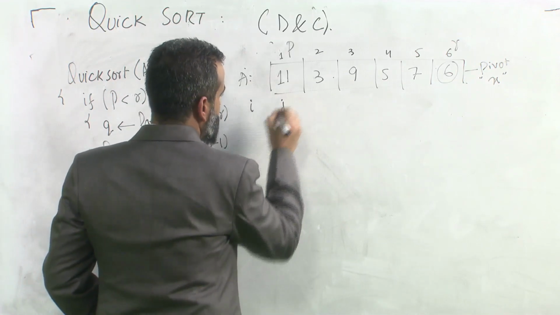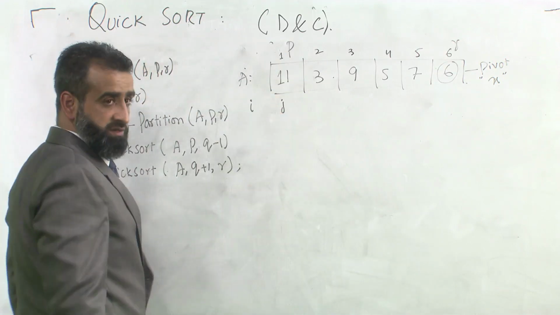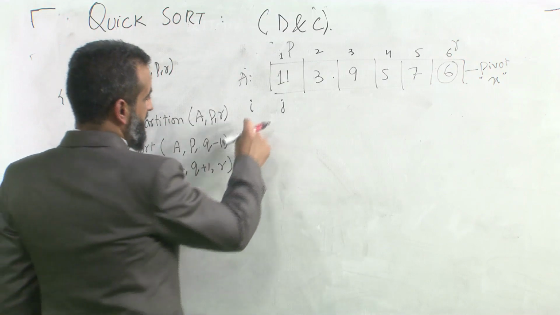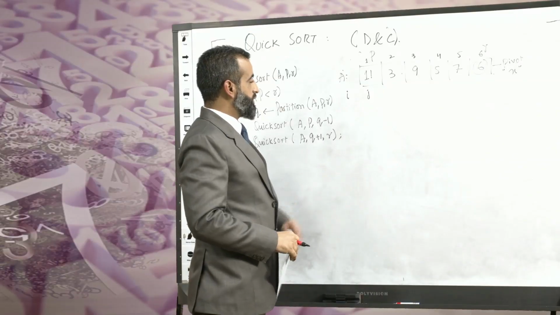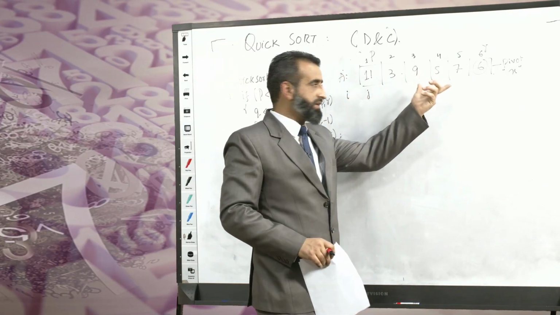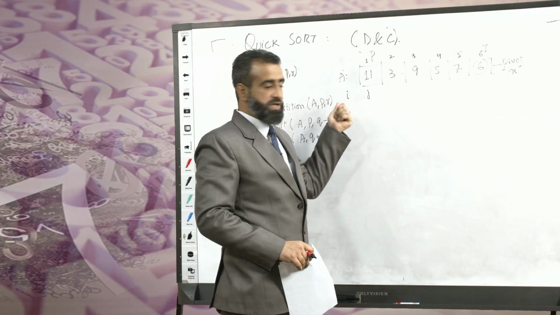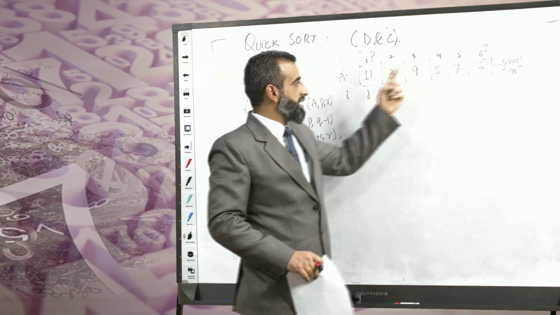If I make the call to the partition function, again we have two pointers, an I and a J pointer. The J pointer will be pointing towards the first element, which is pointed to by P, and I will be at P minus 1. What we need to do is traverse all the elements of the array pointed to by J. We will make comparisons between all the elements and the pivot element.